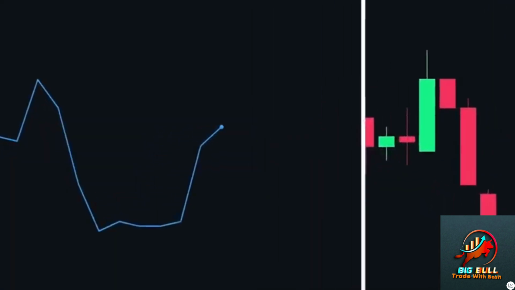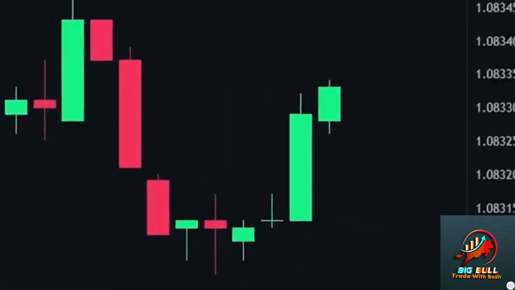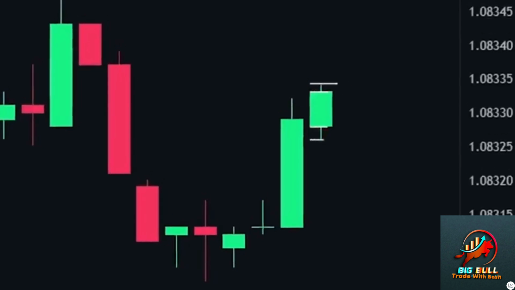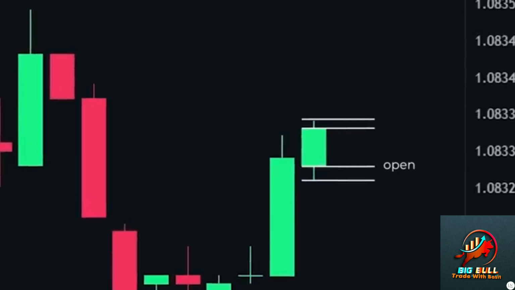However, notice that the line chart only shows us one piece of information, the closing price for each period. In contrast, the candlestick chart provides 4 pieces of information for the same time period. First, there's the open, which is the opening price for that period. Next is the high, which shows the highest price reached within that period.